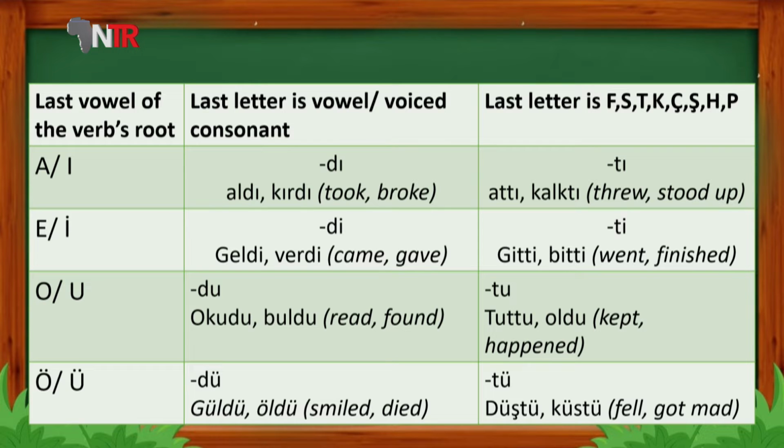As an example, let's see the verbs almak, kırmak. We are forming past tense from them as aldı, kırdı. And see the verbs atmak, kalkmak. We are forming past tense for them as attı, kalktı.